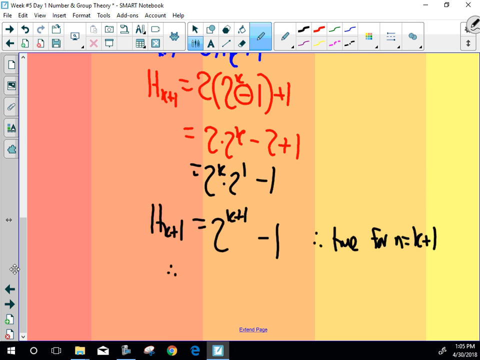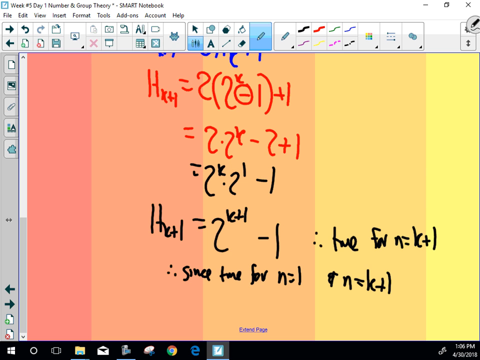Then you say, therefore, since true for n equal to 1, are we doing strong or weak? If it's strong, we have to go 1 dot dot dot to k. It's the only thing we have to do different. Doesn't say strong, so we go weak.